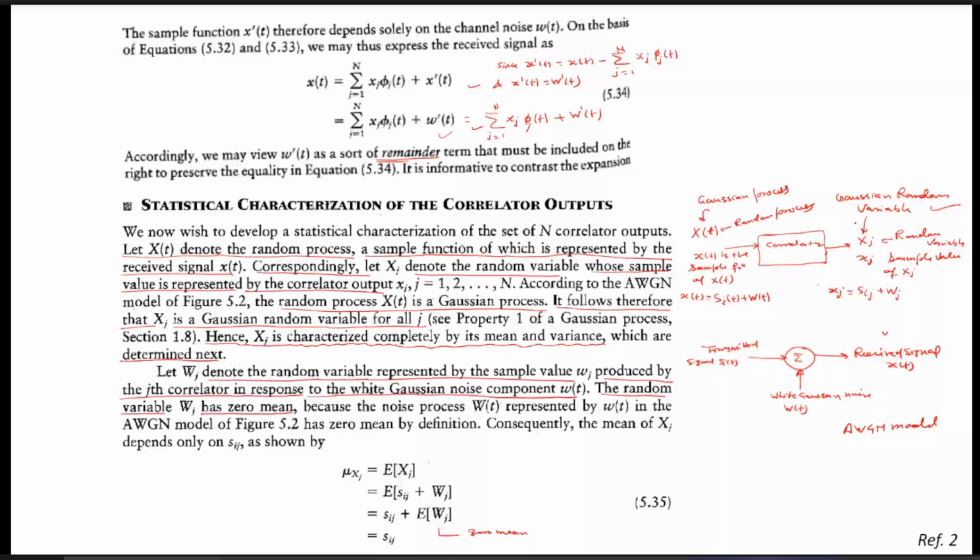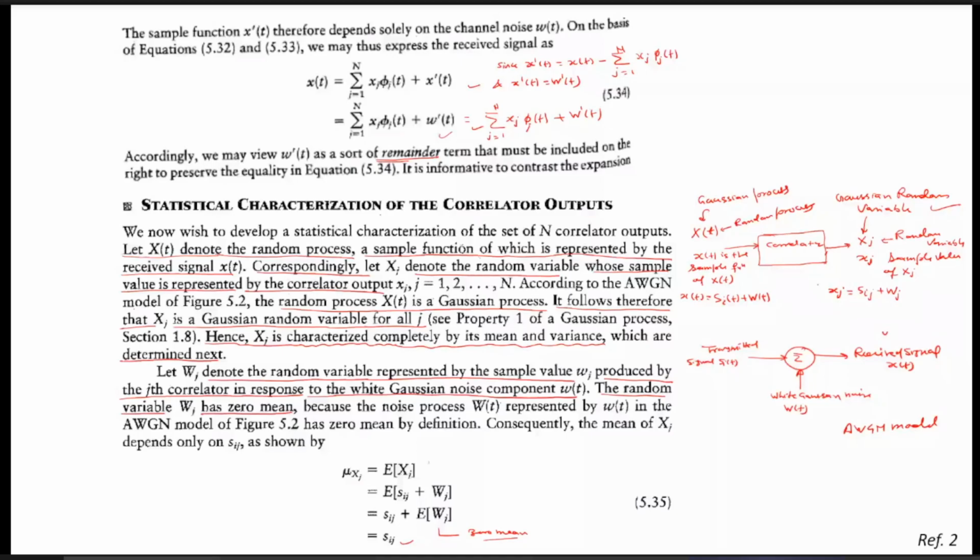Since we have assumed zero-mean white Gaussian noise, the expected value of w j is 0, and hence the mean of x j is s ij. Similarly we can calculate the variance, and with the mean and variance we can completely define the conditional density function of x j, and on that basis calculate the probability, which we will see later.